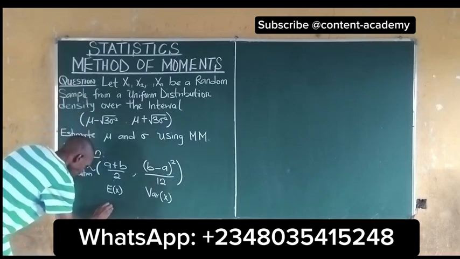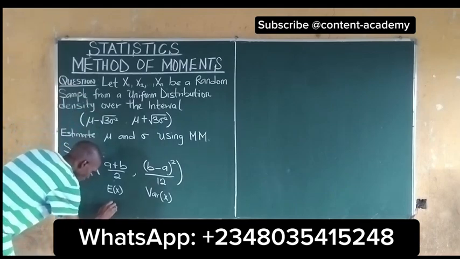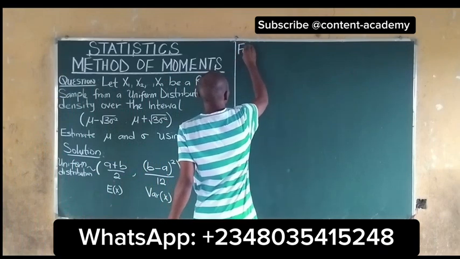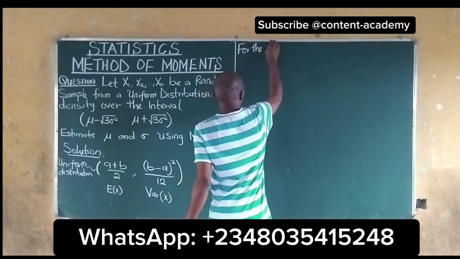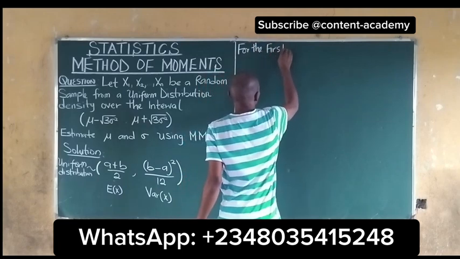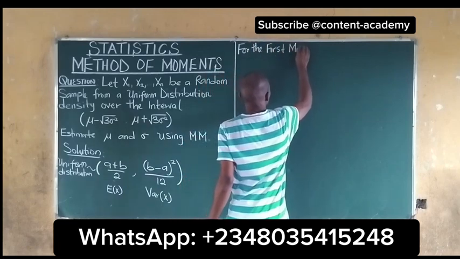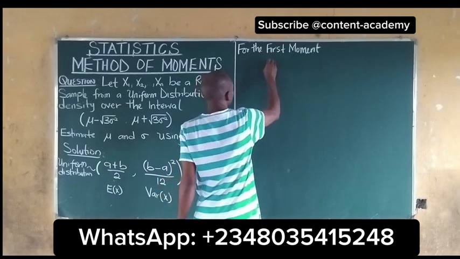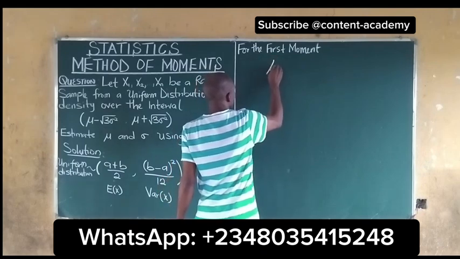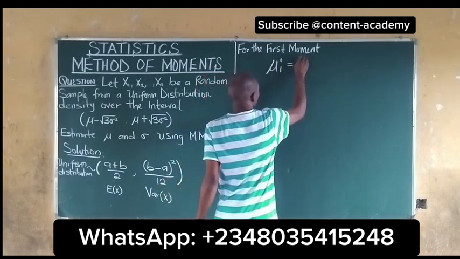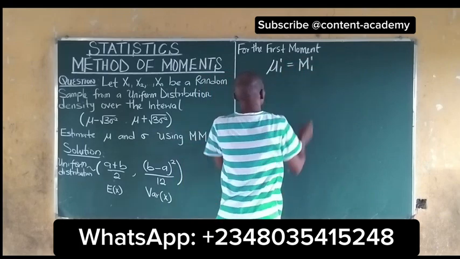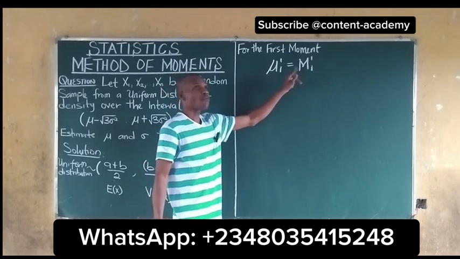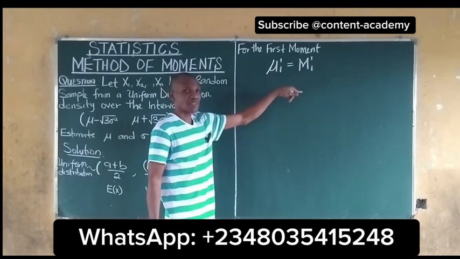That means we move over to here. For the first moment, we have that mu is equal to this. The population mean must be equal to the sample mean for us to have our moments.